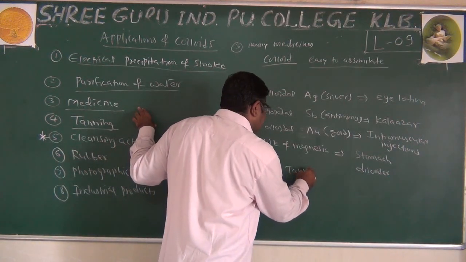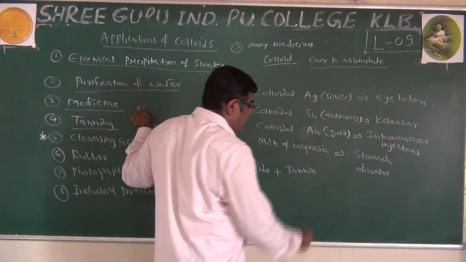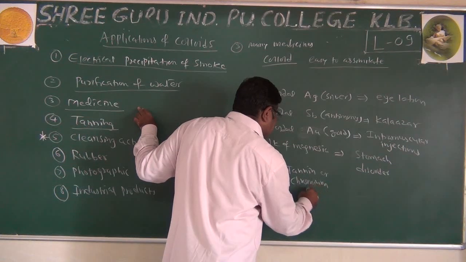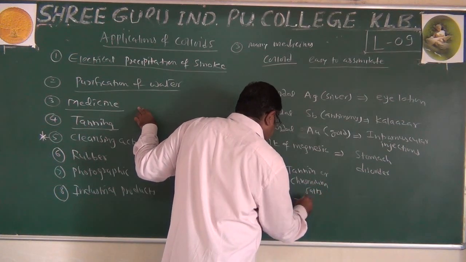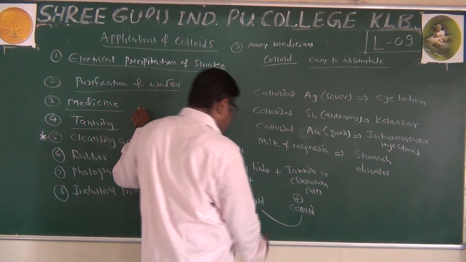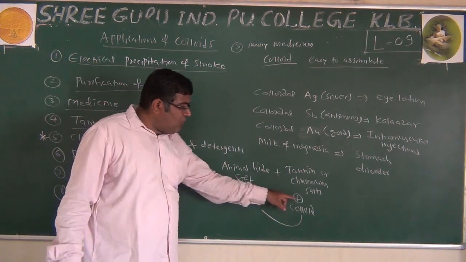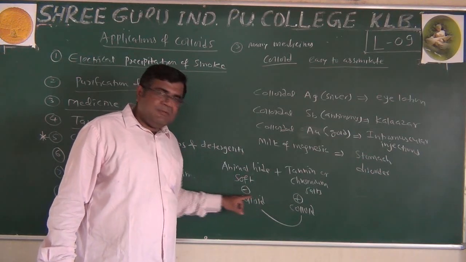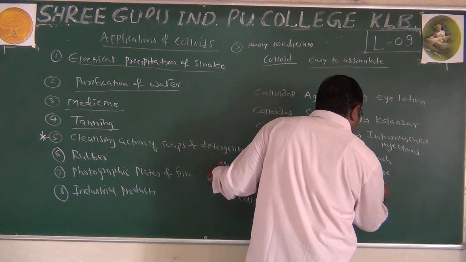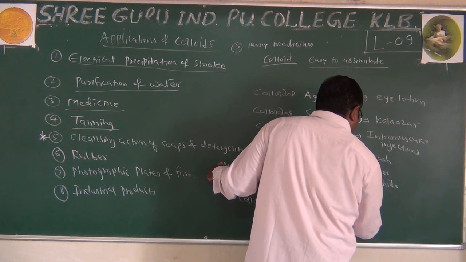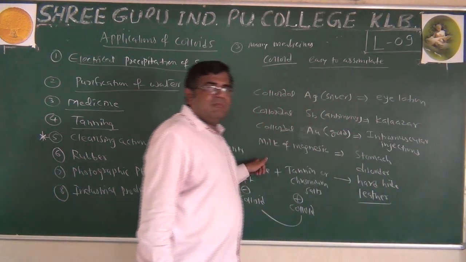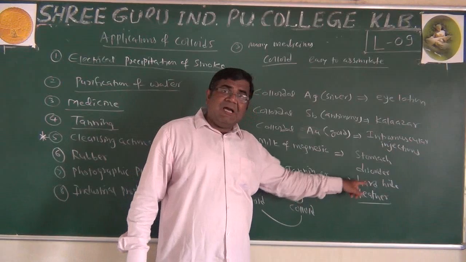We can add a chemical substance called tannin, or alternatively chromium salts, which are positively charged colloid. So mutual coagulation occurs, and there is a hard hide. So we can say that leather is formed, which we can convert into articles.